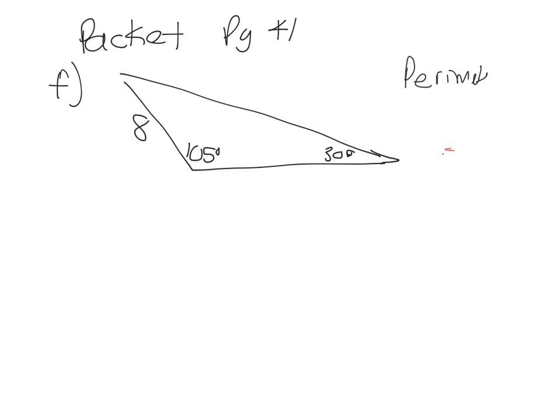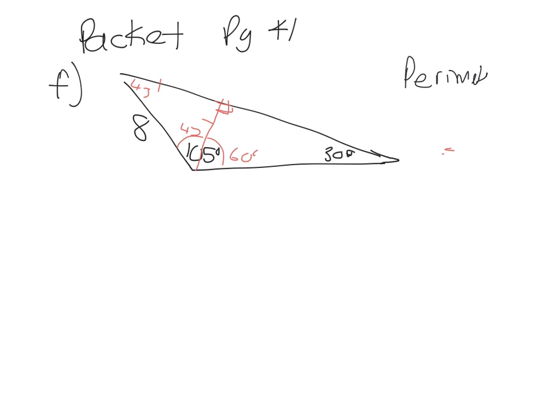That gives you 60 degrees on the right, since this is 30 over here, and on the other side, 105 minus 60 gives you 45. An isosceles right triangle, and a 30, 60, 90. So it gives us a 30, 60, 90 and a 45, 45 right triangle.